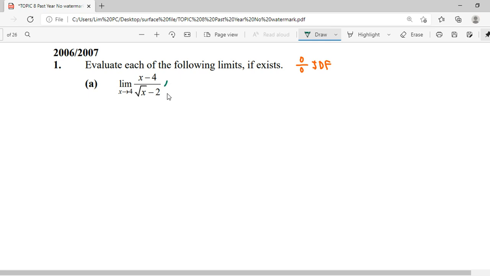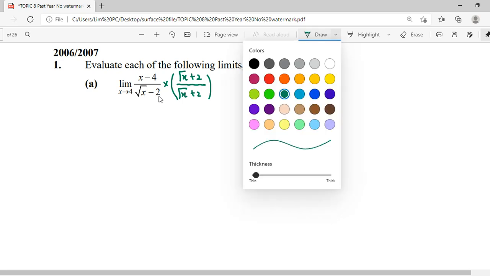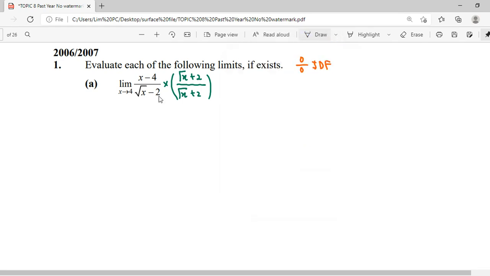The conjugate for this function, surd x minus 2, will be surd x plus 2. So this is the way we want to simplify our function.